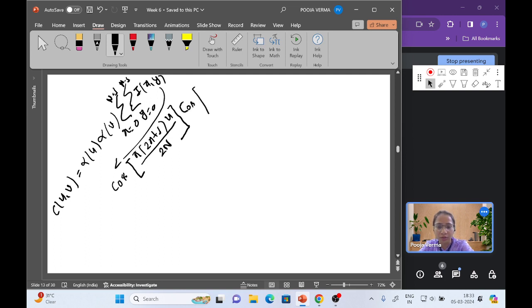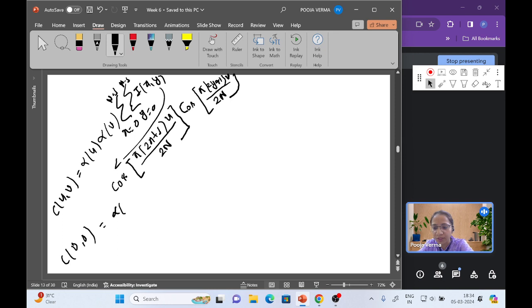Cos of pi(2y plus 1)v divided by 2n. So what value do we need to find out? C(0,0). So in place of u and v, we need to put 0.